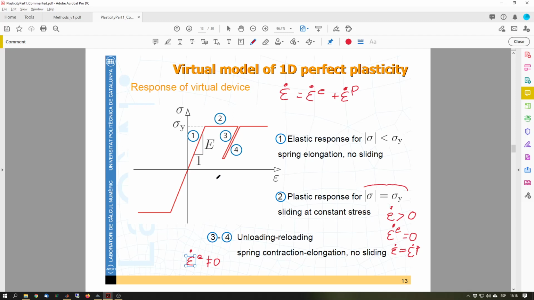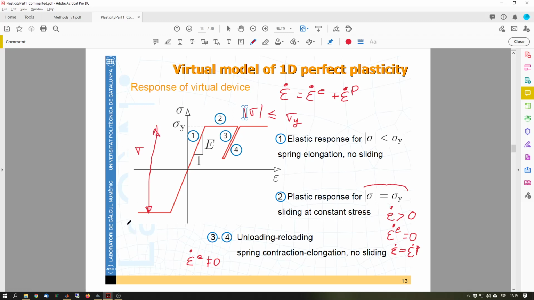So the spring contracts and the spring elongates up to that point, and we know that our stresses always must be bounded by sigma y in absolute value. This is like a constraint that we have. So my only admissible domain goes from here to here with respect to the stresses.